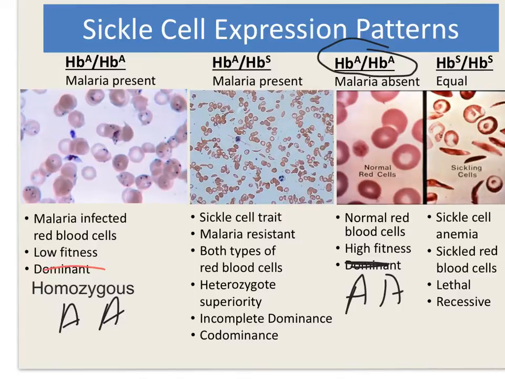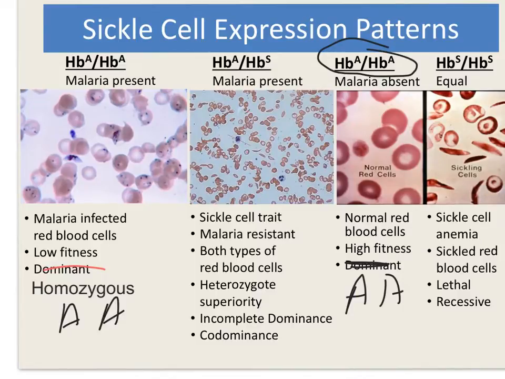So it's a pretty heavy cost to pay, and it's only paid in areas where malaria is endemic. And so you lose 25% of your offspring, essentially. A quarter of all the people in the area will have sickle cell anemia, and they'll be wiped out in terms of the breeding pool.